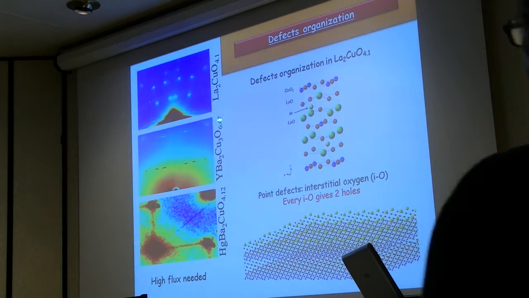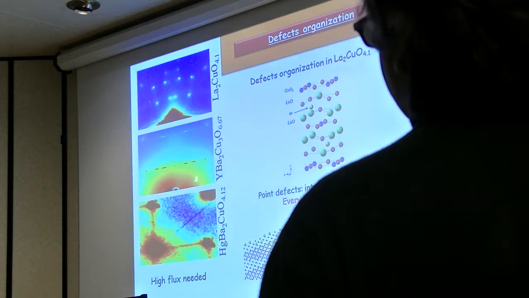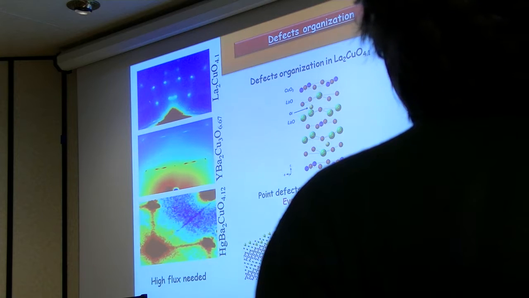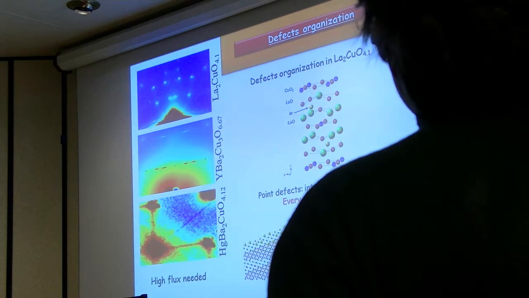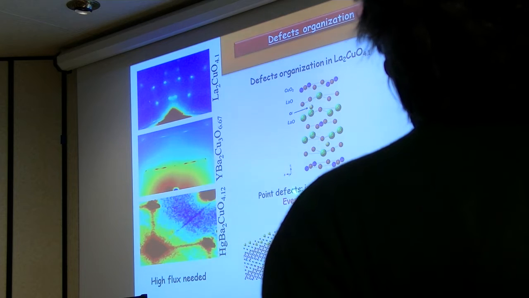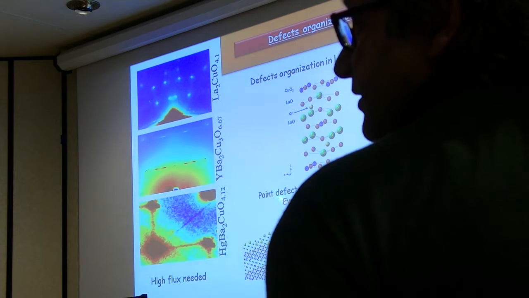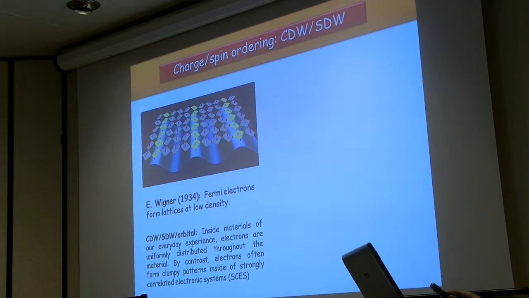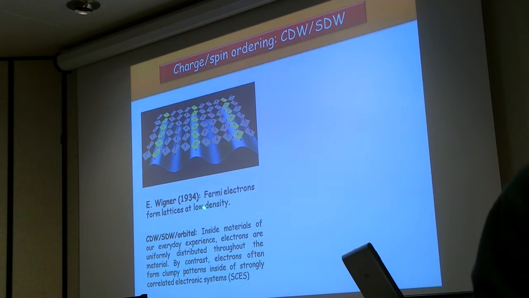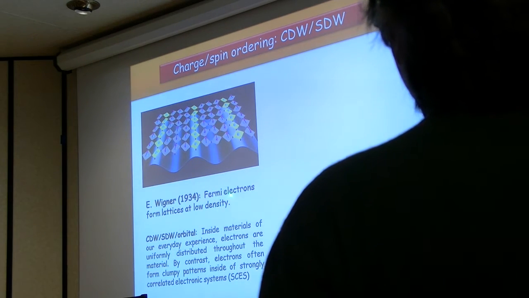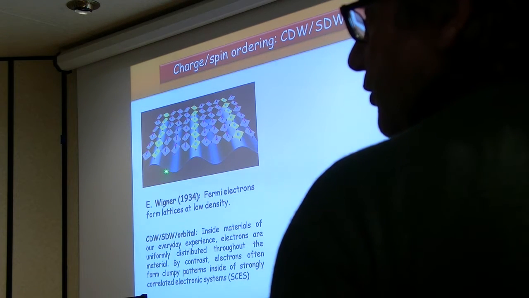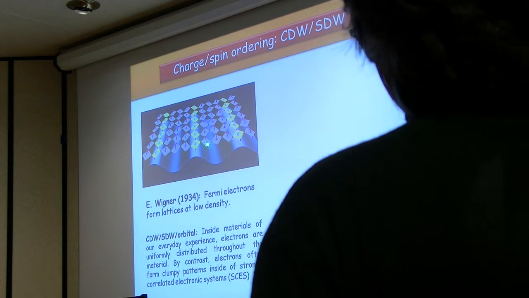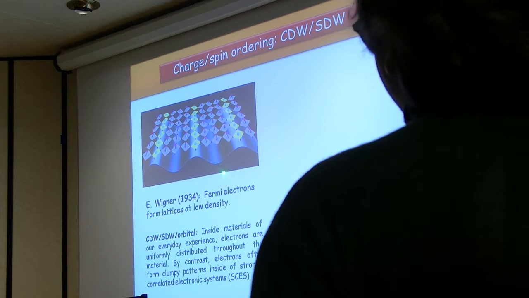When you dope your sample with interstitial atoms, for example, you also give your samples charge carriers, which can be holes or electrons, and these can also be organized in patterns in the samples. Wigner claimed in 1934 that at low concentration of doping, electrons can be ordered in the lattice.